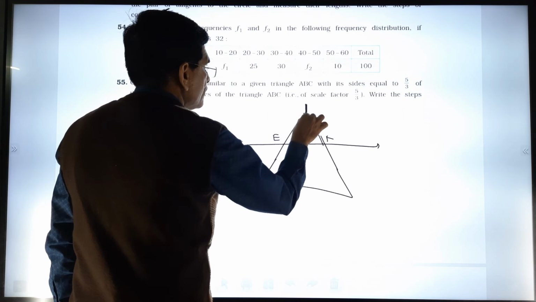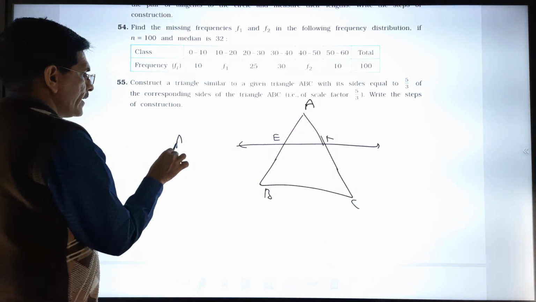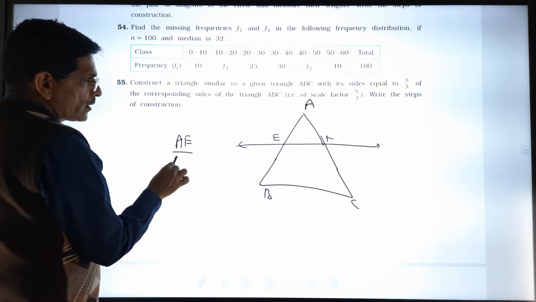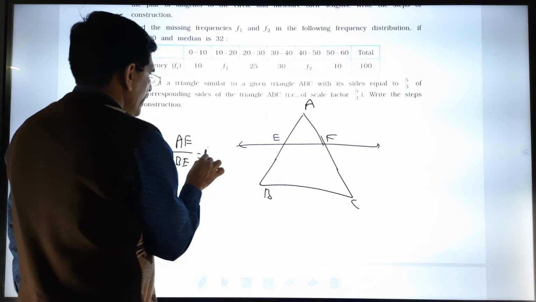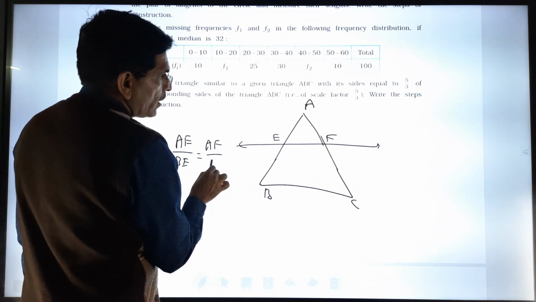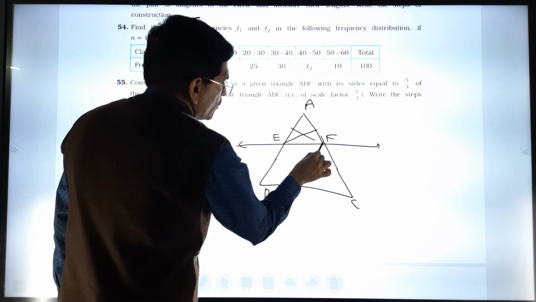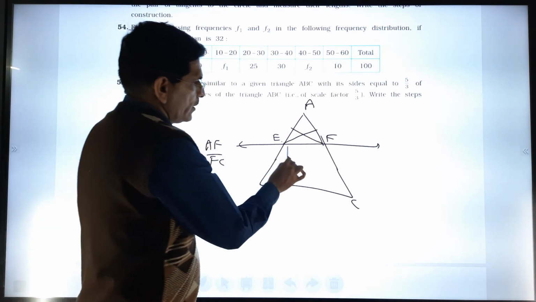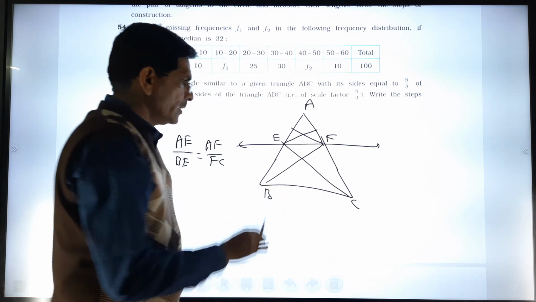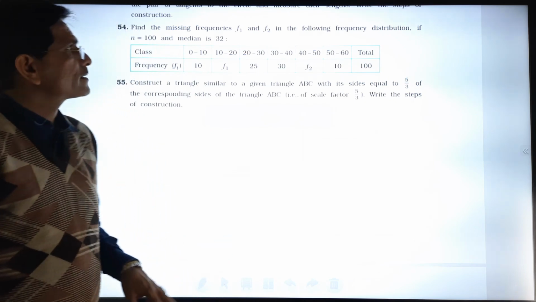If we take triangle ABC, then I have to prove that AE upon BE is equal to AF upon FC, using the area of triangle formula. I am not explaining deeply because it is already in our text.